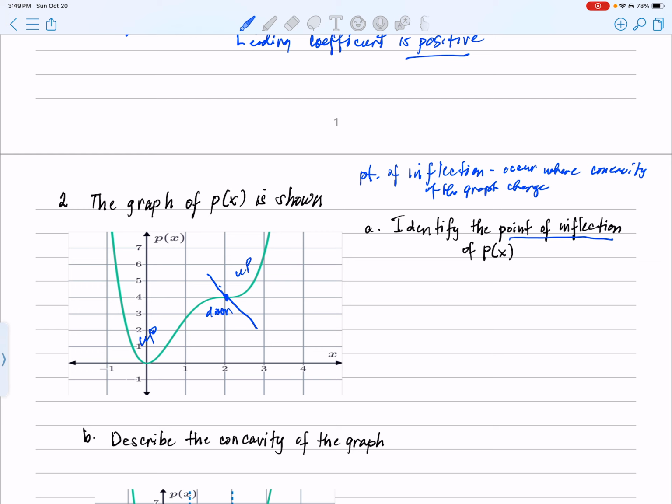A point of inflection from up going down, somewhere here. At this point, suddenly it changes. So a point of inflection occurs at this point and also at this point.